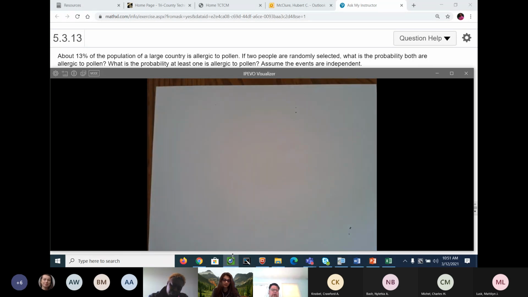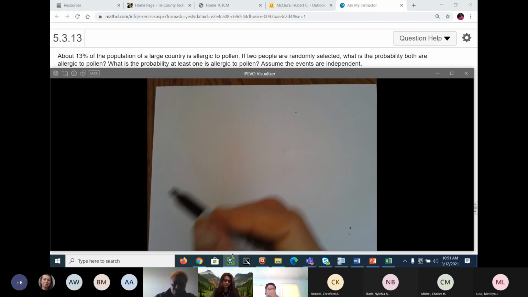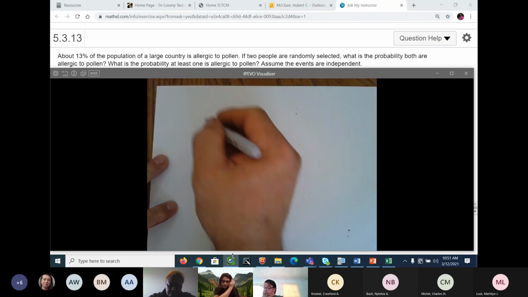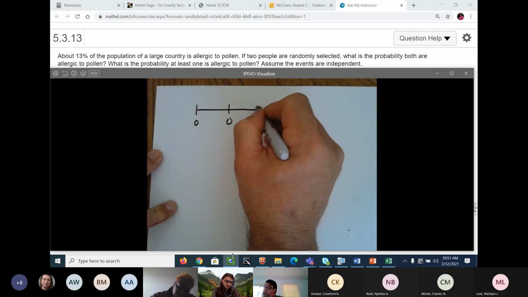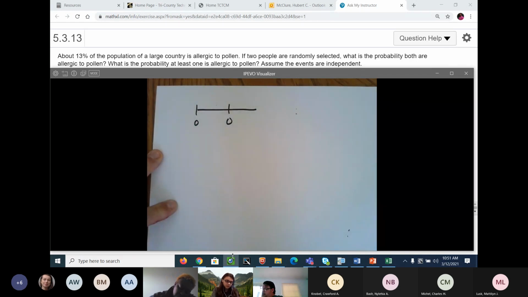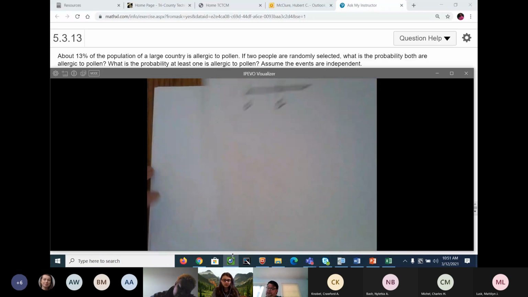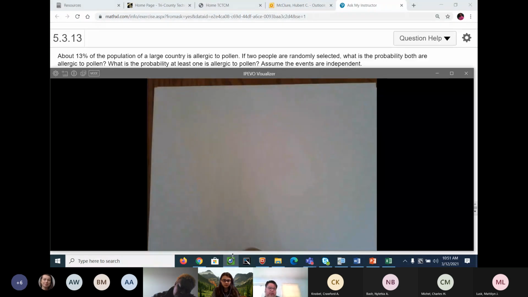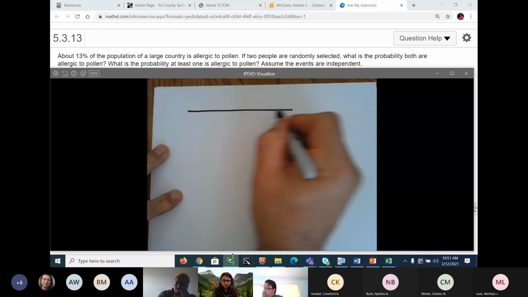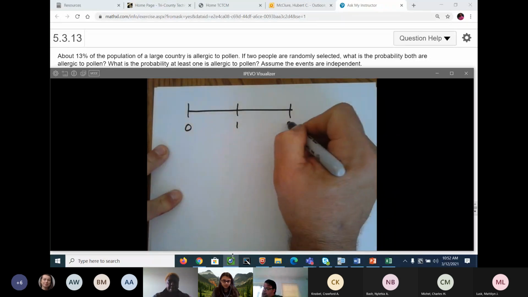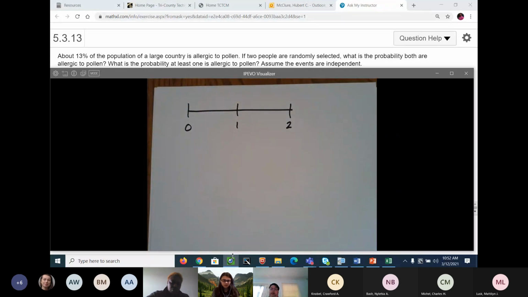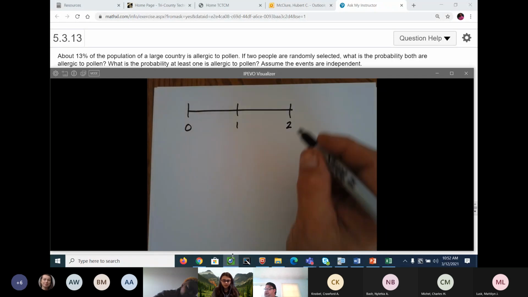And I'm going to draw a number line that deals with our question. 0, 1, 2. All right, so far, we've been asked, what is the probability of 2?